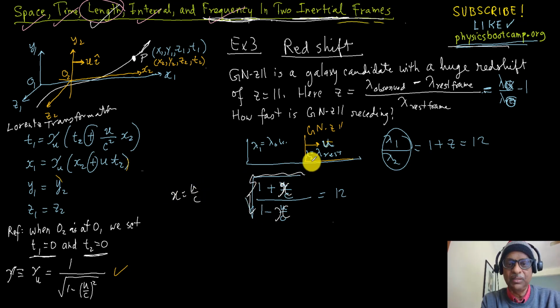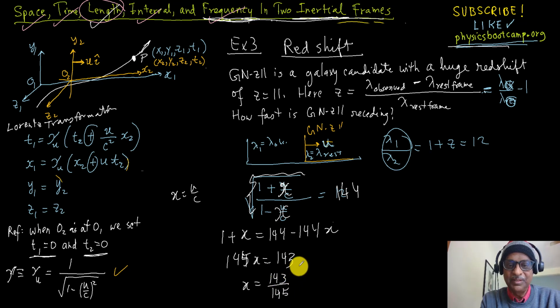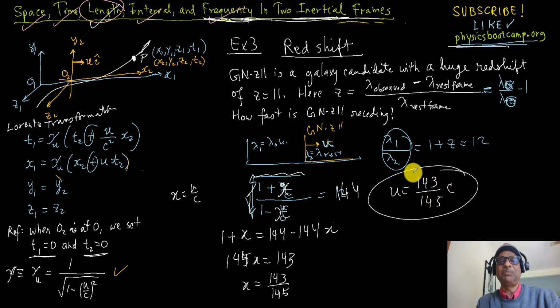Now square it, and it's going to become 144, and so 1 plus x equals 144 minus 144x, and if you bring this down, 145x equals 143, so x equals 143 over 145, so u equals 143 over 145 c. It's very close to the speed of light. This galaxy is really receding very fast.